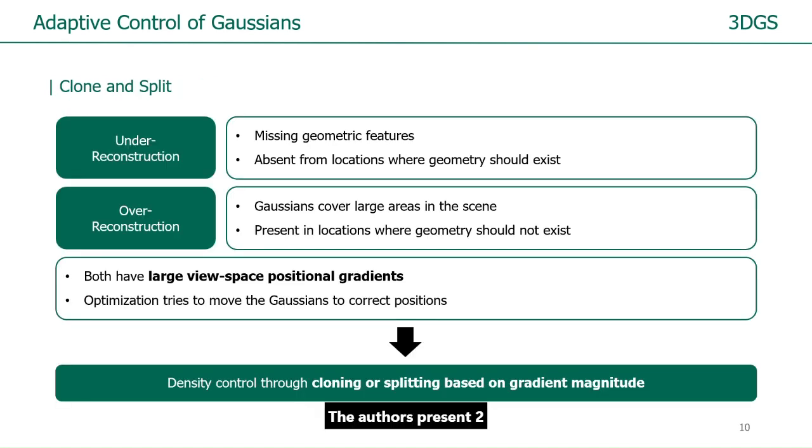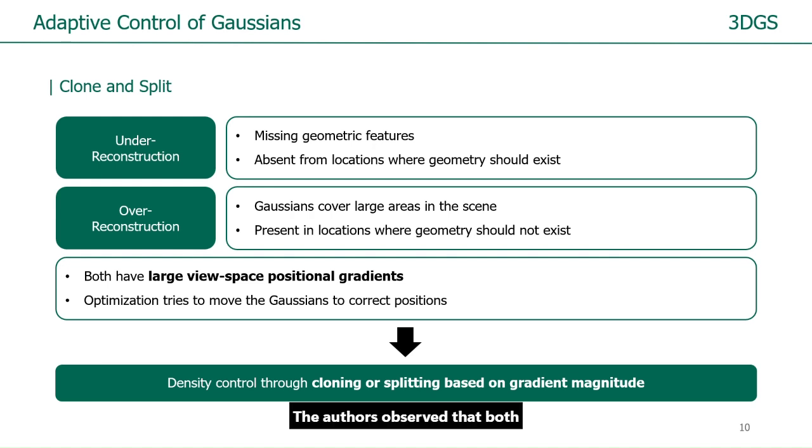The authors present two representative cases of improperly placed Gaussians. The first is under-reconstruction, where important geometric features are missing because Gaussians are absent from locations where geometry should exist. The second is over-reconstruction, where Gaussians occupy excessively large regions and appear in locations where geometry should not exist.